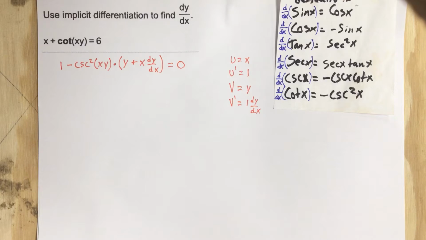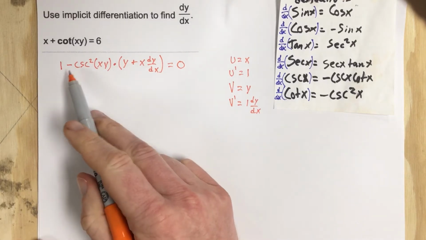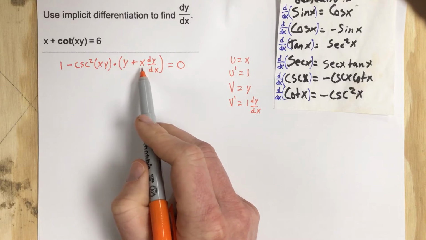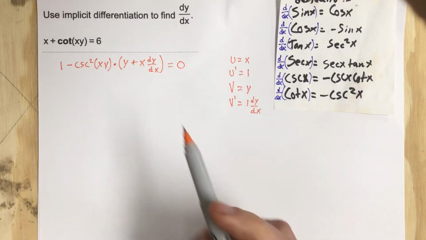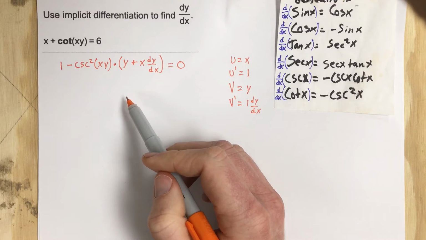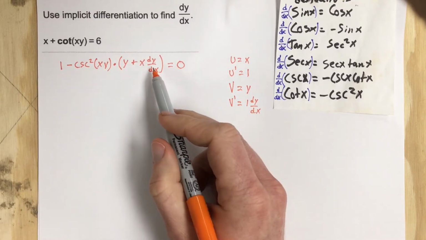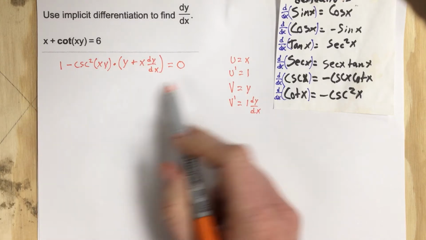So I have 1 minus cosecant squared xy times y plus x dy over dx. What I need to do is get all this by itself on one side, with dy over dx staying on the left side. So let's go ahead and move the 1 over. So we'll subtract it over.